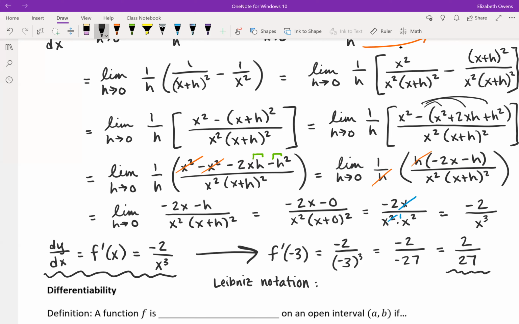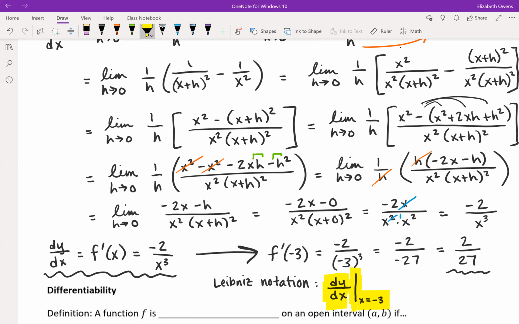Okay, so for Leibniz notation on this, we would say dy dx, so there's the Leibniz, and then a big vertical line, and then you put x equals -3 down here. All right. So that big vertical line just means evaluated at. It's an evaluation bar. So you would read this as dy dx evaluated at x equals -3.